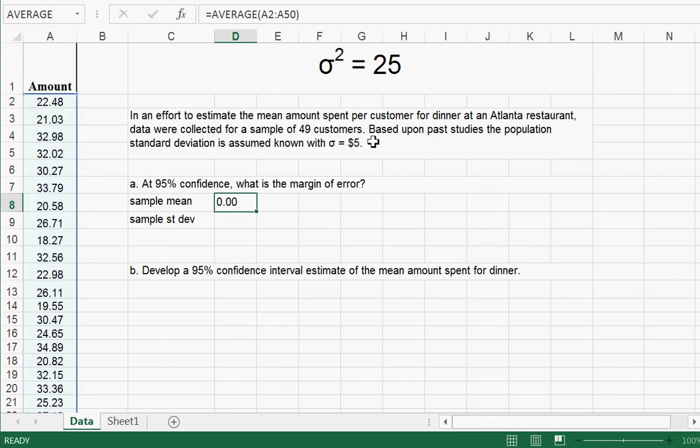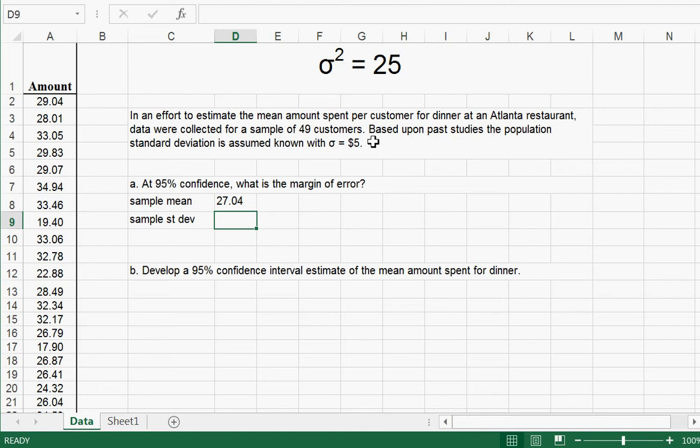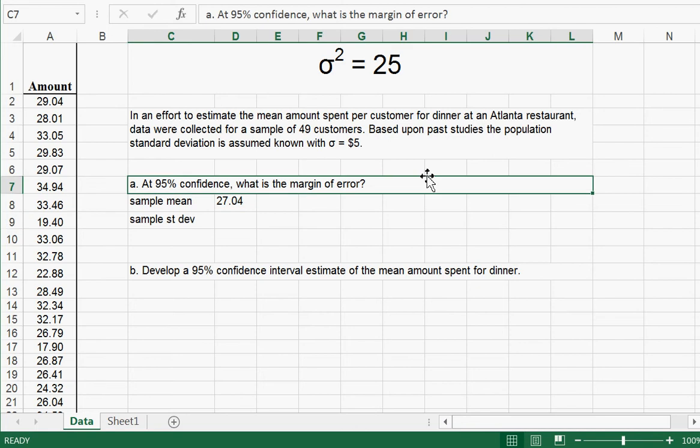Now notice what happens when I randomly sample the population in a simulated way by hitting F9. Here's a new random sample of 49 customers, 49 other customers, 49 other customers.